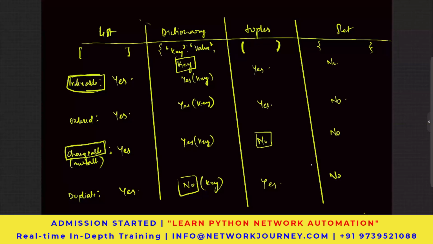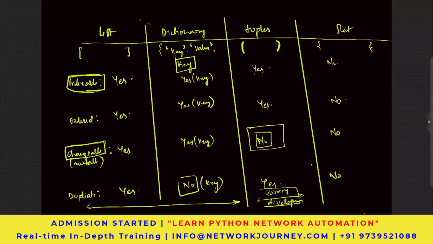Okay. Now in network automation, we would be widely using these two. Tuples are something which is used by the library developers. The fact that they are non-changeable can be helpful for library developers, so that the variables can be hard bound to do something.